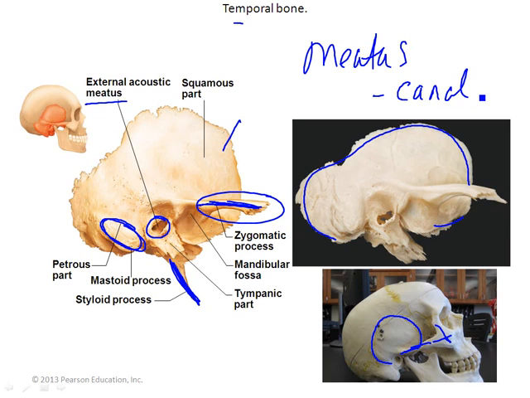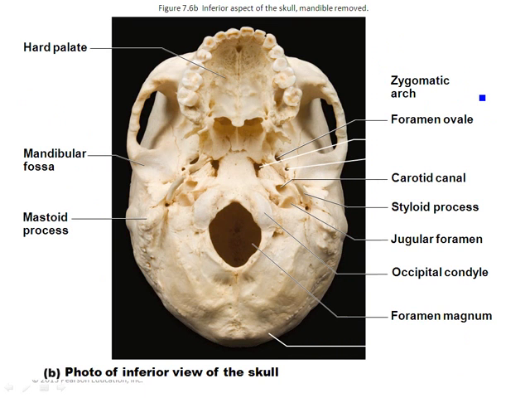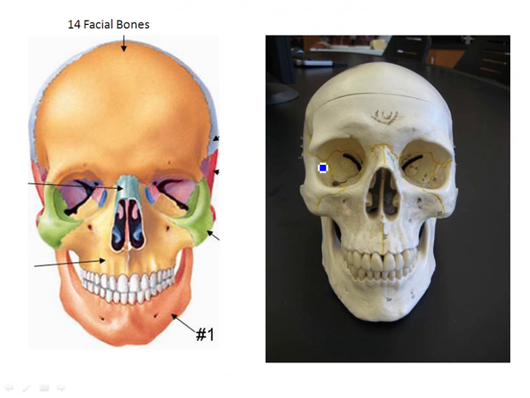So let's look on the bottom side of the temporal bone. Flip the skull over, look under the bottom side and see the rest of these features. So here's the temporal bone, it comes around like that. There's your zygomatic process. The mandibular fossae are right here on either side. Let me go to a picture.